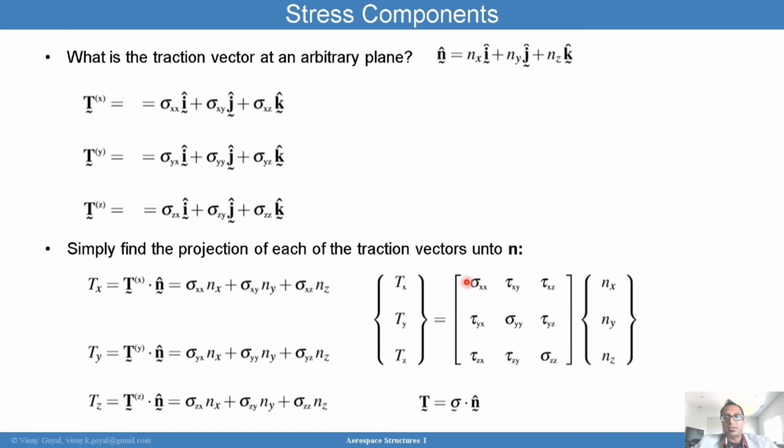When I look at this, sigma xx times nx plus tau xy times ny plus tau xz times nz equals tx is the first equation. So the way the matrix notation works is that you take this component and multiply by nx, plus this component multiplied by that component, plus this component times this component.